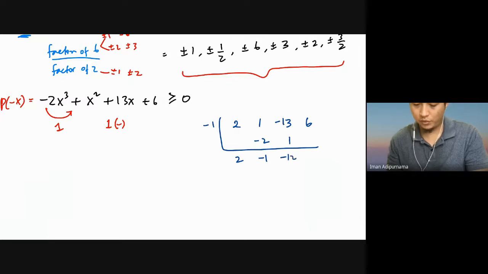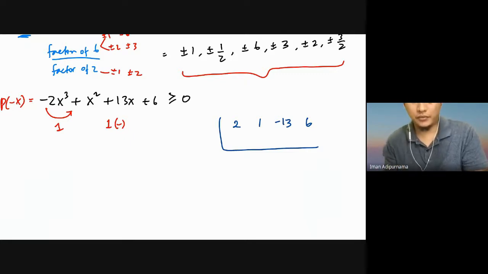I believe this will not work, right? So negative 1 is not a zero, so maybe negative 2. Also not correct, not our zeros. So this is how you actually find the zeros using this method.